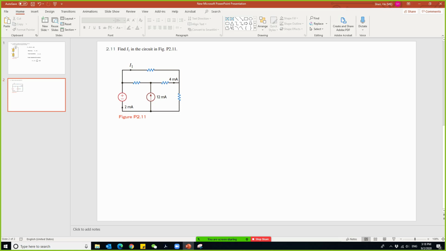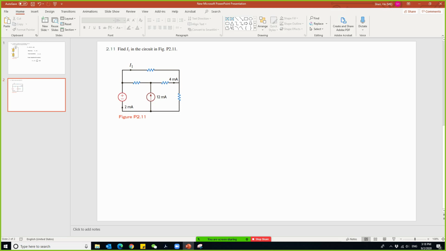KCL tells us that the algebraic summation of all the currents going into the node is equal to 0. That is equivalent to saying the algebraic summation of the currents leaving the node is equal to 0. You can also write it as the summation of all the currents going into the node is equal to the summation of the currents leaving the node. So there are 3 different ways to write this KCL equation.